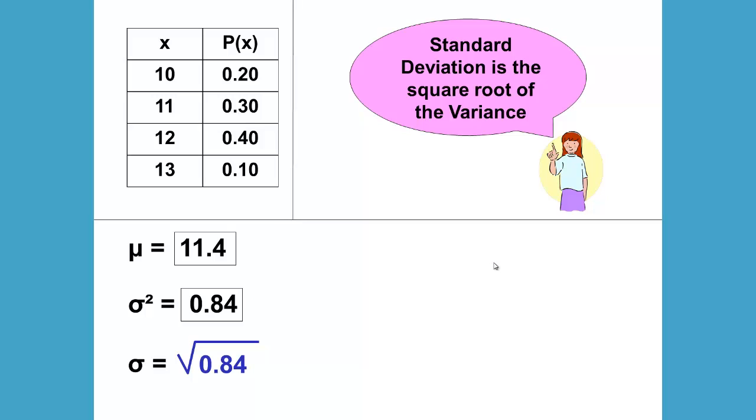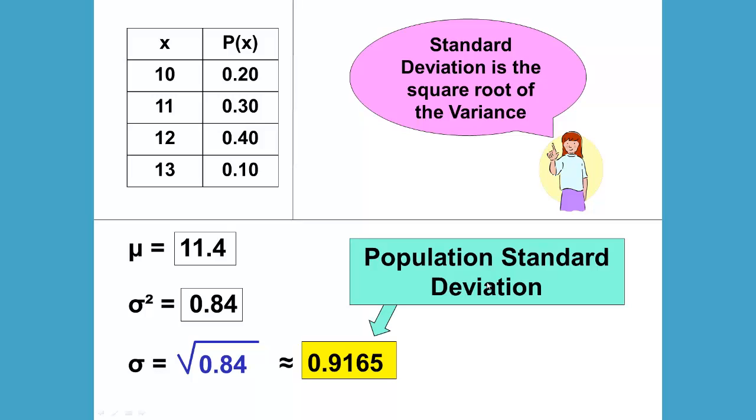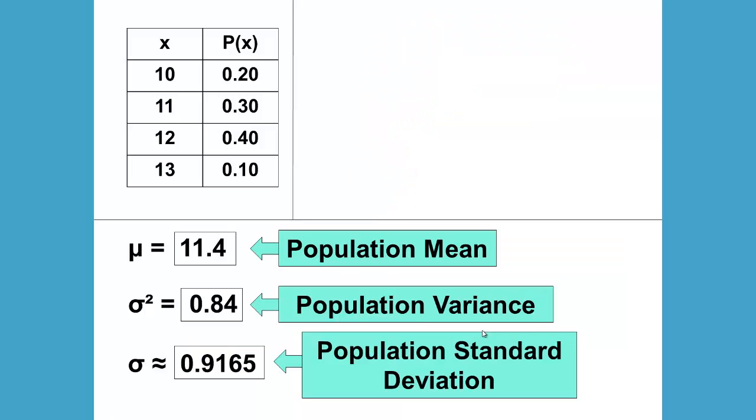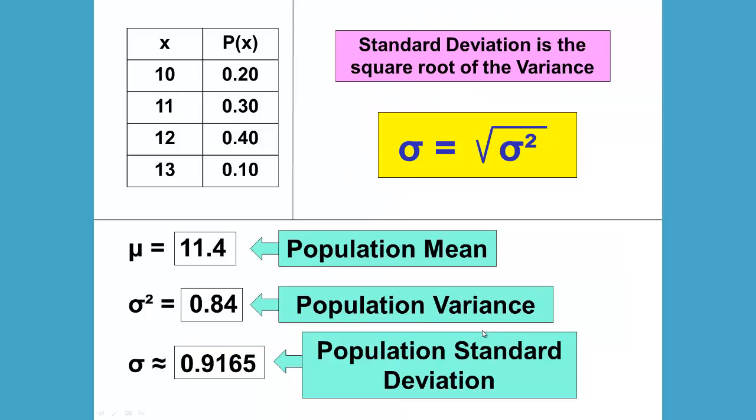So we get the square root of 0.84, which is approximately 0.9165. And that is our population standard deviation. And now to develop the formula for that, we just want to remember that it's the square root of the variance.